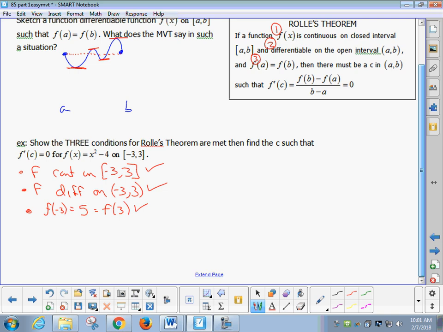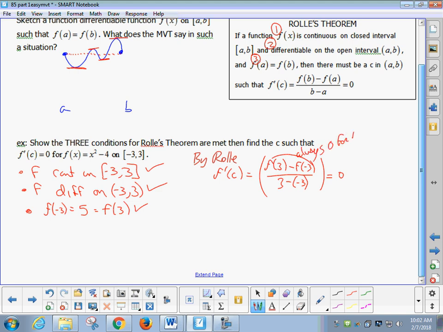So that condition that the y values at the endpoints are the same is met. And so by Rolle's theorem, there has to be a place where the derivative is 0. I could, if you like, parenthetically say the derivative has to equal the slope between the endpoints. But you don't even have to say that, because these three conditions are met, I know that this top, 3 minus -3, because those are the same, will zero out every time.